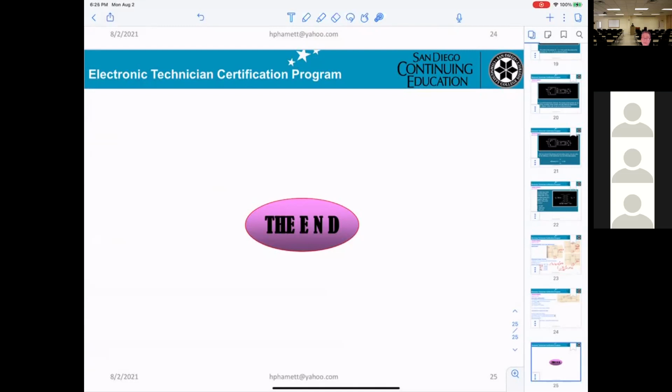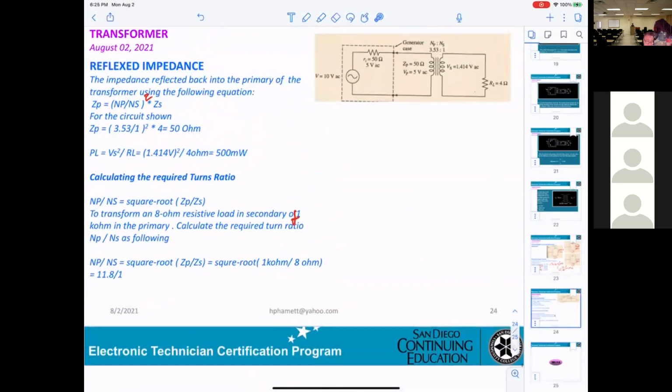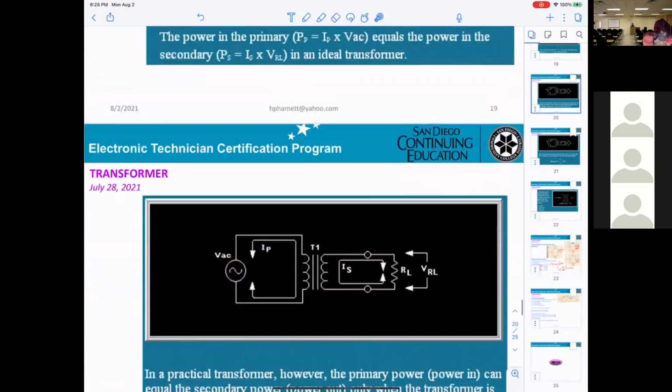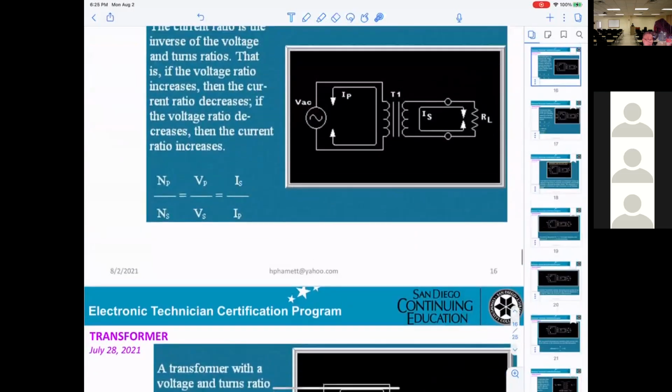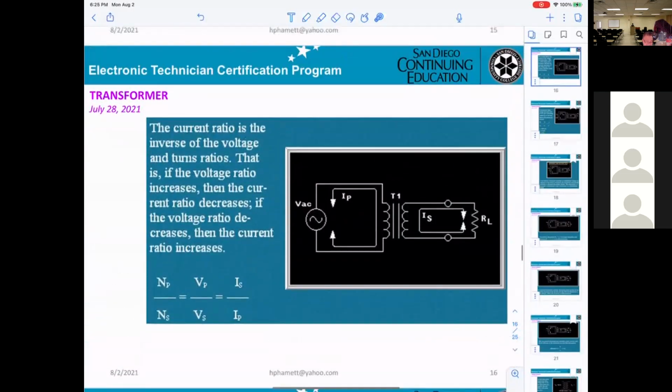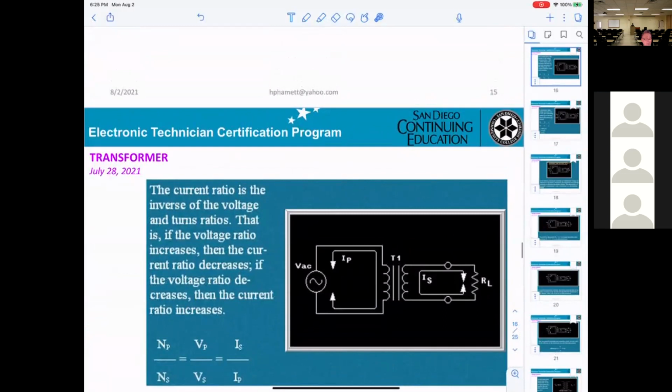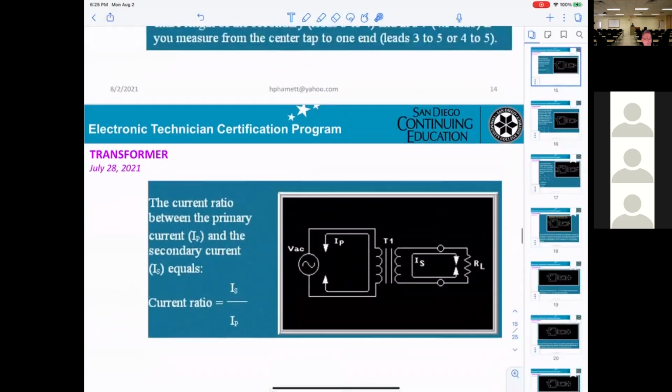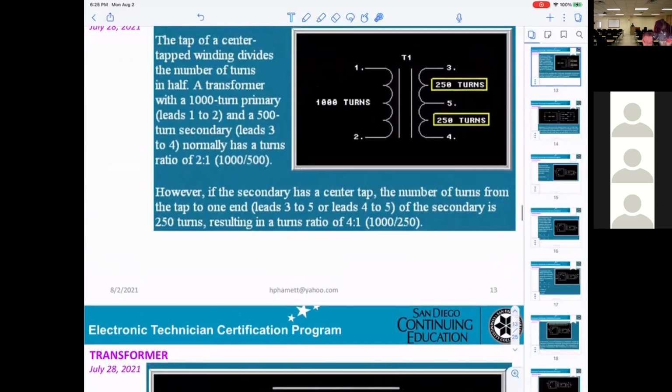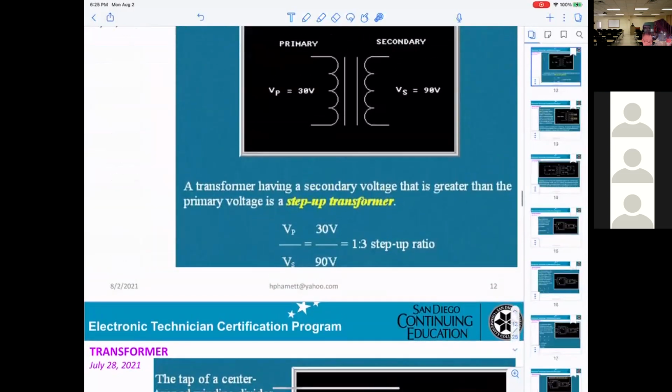That means they have the same voltage; the only thing is the first and the second will be opposite. Any question about the transformer? If you're looking through it, that will help you a lot when you're working on the transformer in the lab.